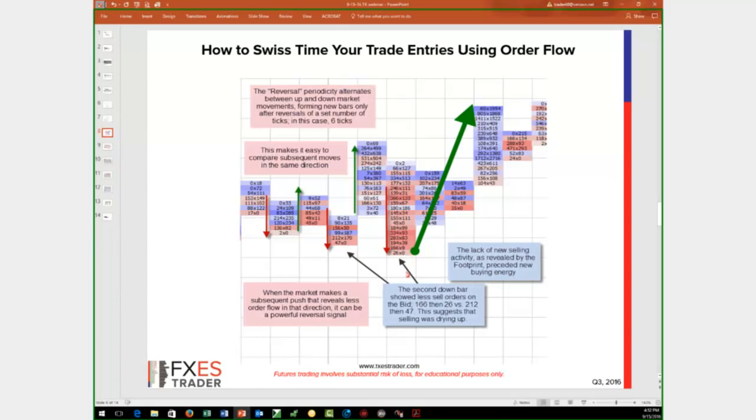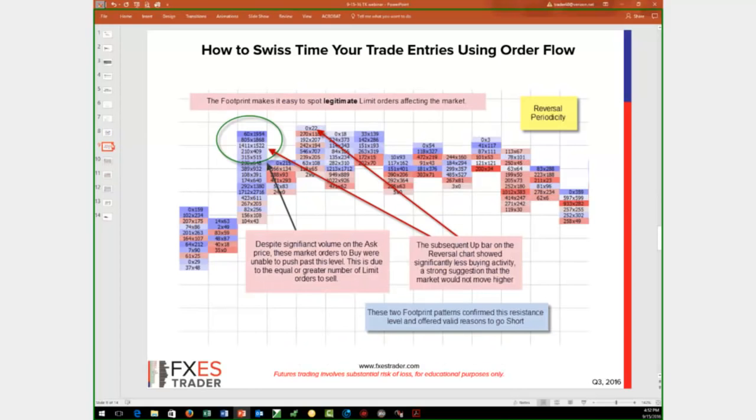Not a lot by just a general measure, but it was less. That suggests that the selling was drying up. Now, one thing you don't see in this example is that possibly there would have been a green volume imbalance to drying up. So the lack of new selling activity, as revealed, was potential buying energy.